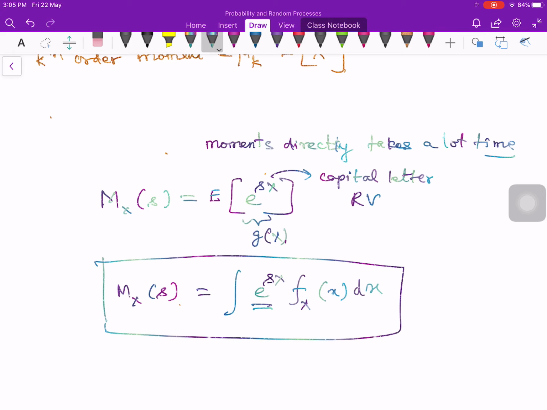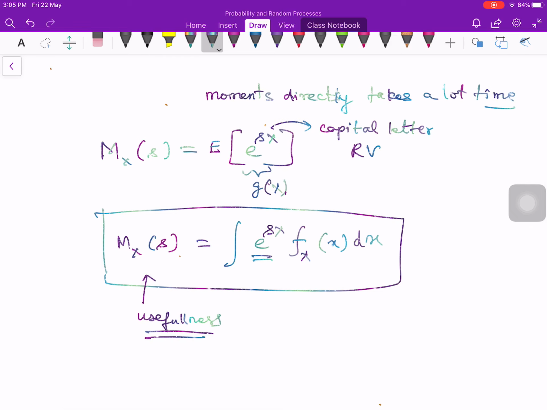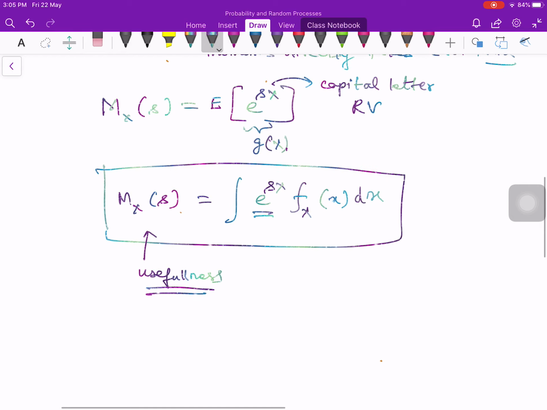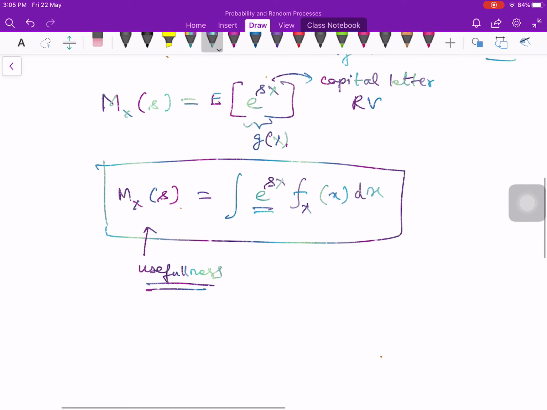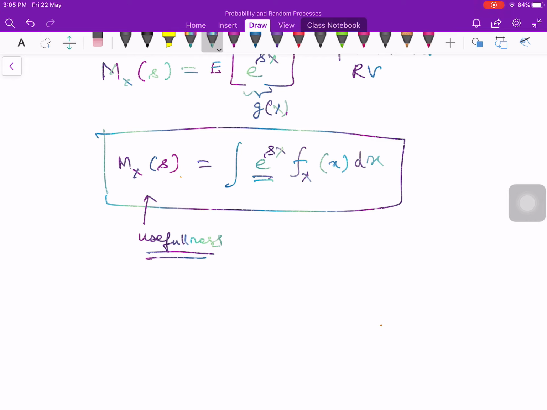Now this is the definition of your characteristic function or moment generating function. Now let me show you how it is useful, and how one can derive various moments of the random variable. Once you know the moments, then you can describe the random variable, right? So that is the whole purpose of this exercise. Now if you look at this, there is an exponent, and this exponent can be expanded.